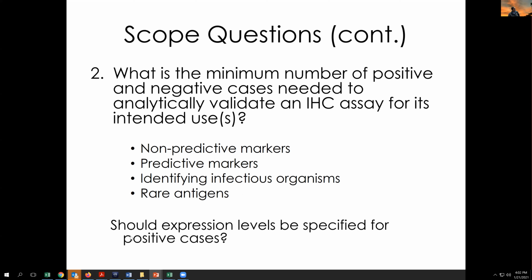And then a sub-question here was, does expression level of the antigen make a difference in terms of the number of cases that need to be evaluated, and how should those kinds of variable expression levels be included in the validation set? We know that those cases are included in the proficiency level examinations that are given, at least in the clinical lab, and to a degree certainly in immunohistochemistry as well.